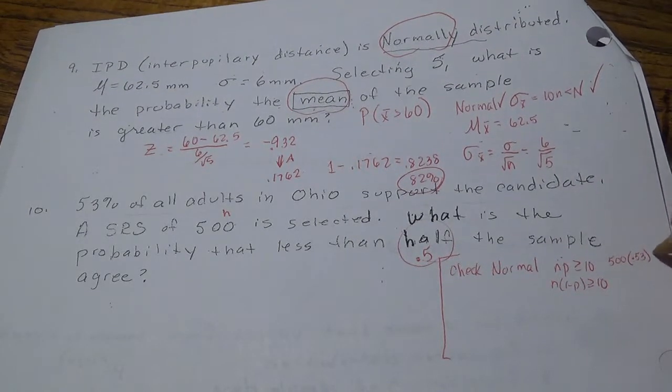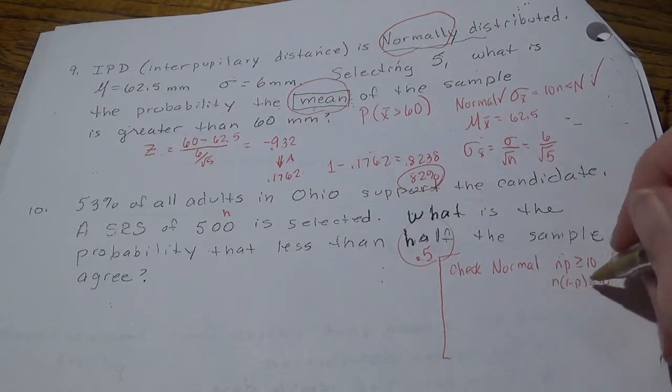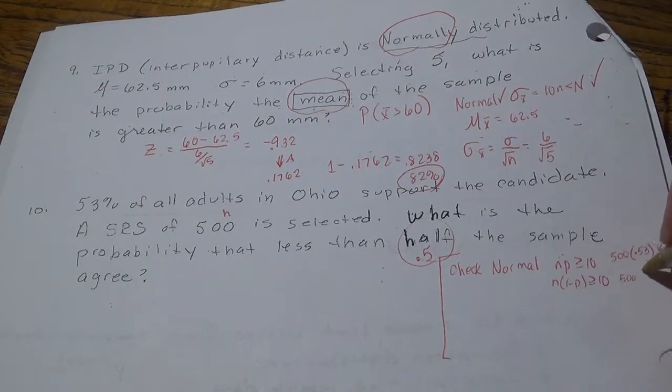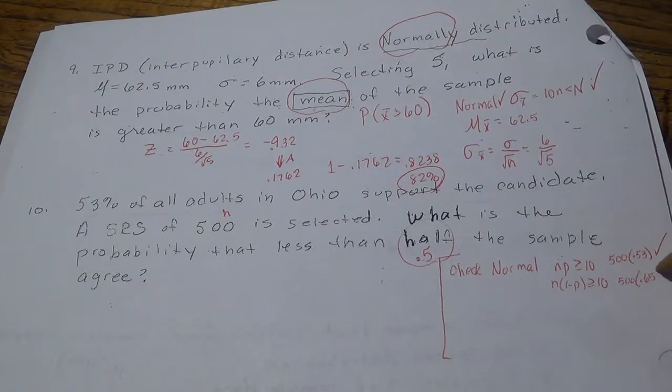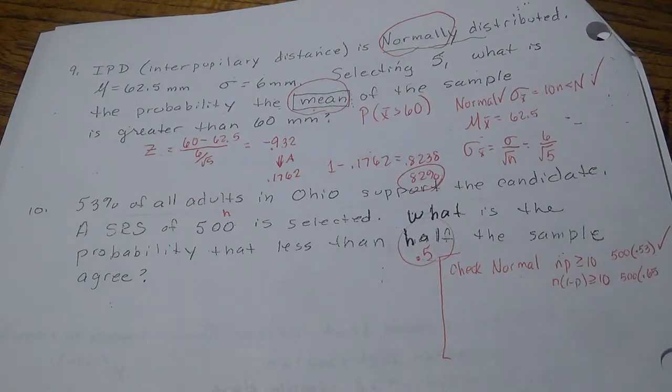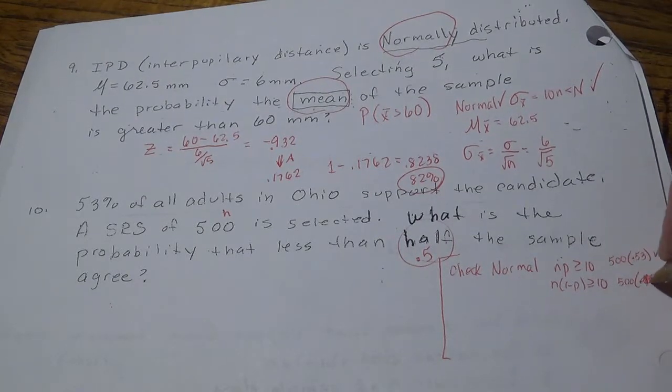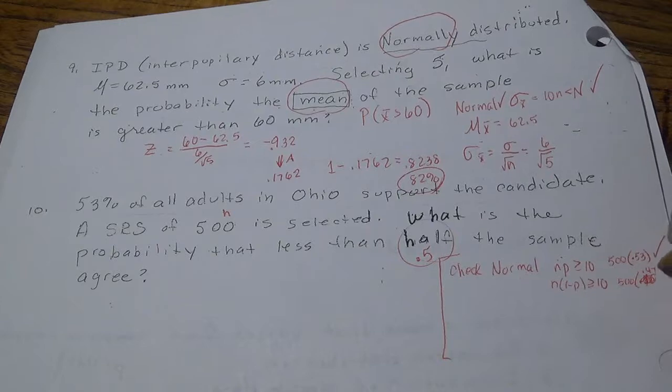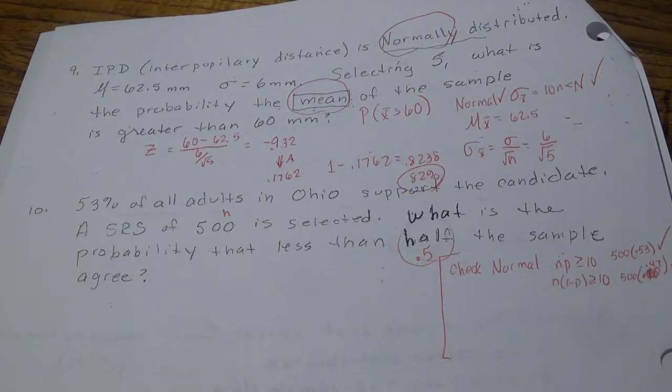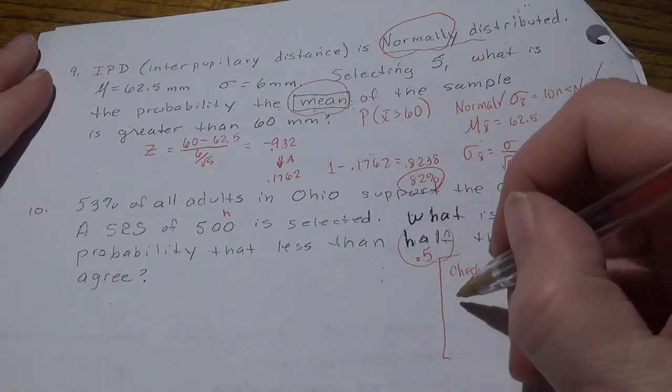I don't know what that is, but it's way greater than 10. And then here we have 500 times an even bigger percentage, 0.47, which is 1 minus p. That's way greater than 10. So I checked normal.